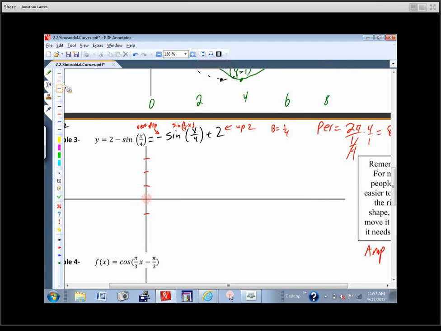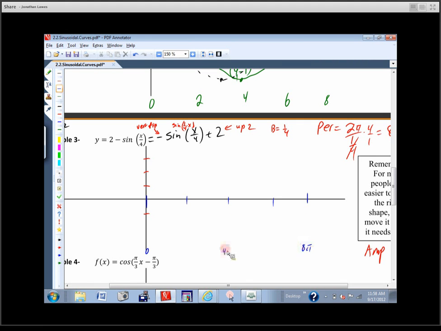So I'm going to start at 0, start right here, and then I'm going to mark the end. Okay, the end is at 8 pi. So this is 0, this is 8 pi. And then I eyeball the middle, and I eyeball the quarters. Now this looks like it's pretty awful, but it actually turns out to be pretty easy.